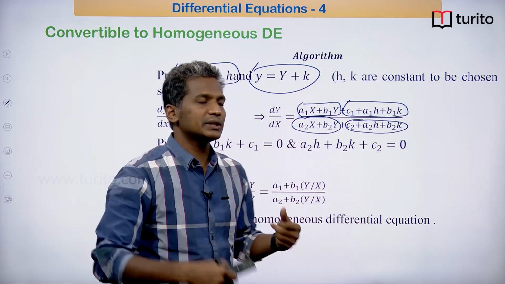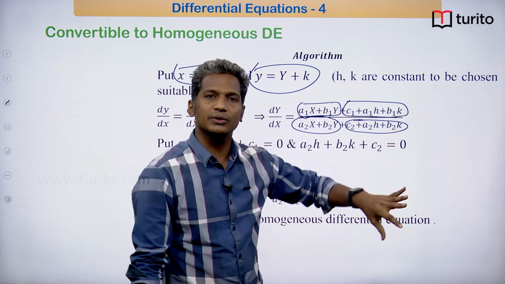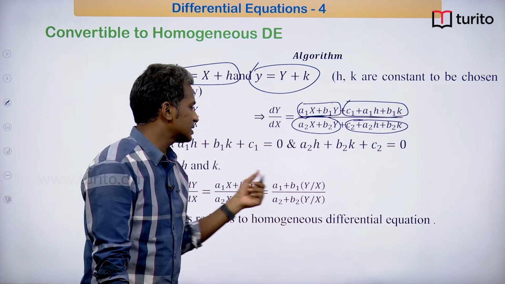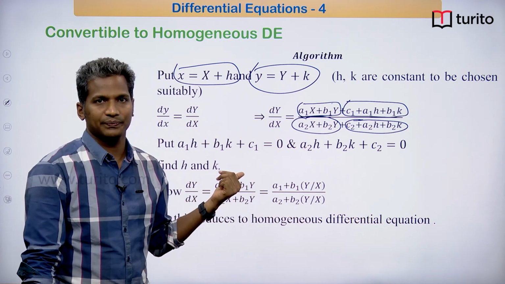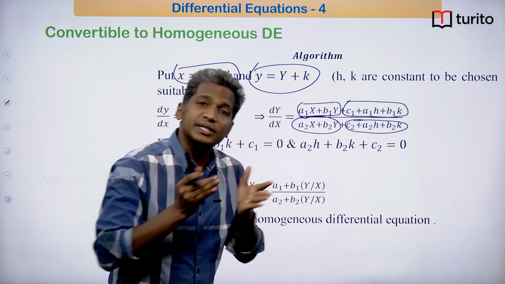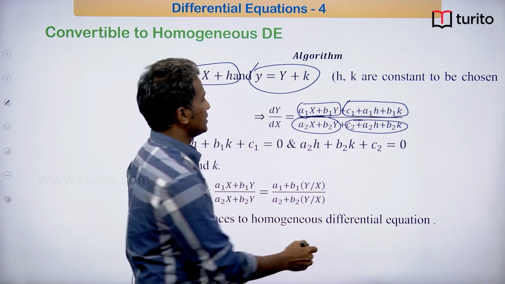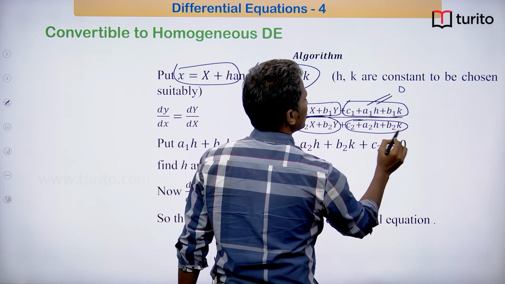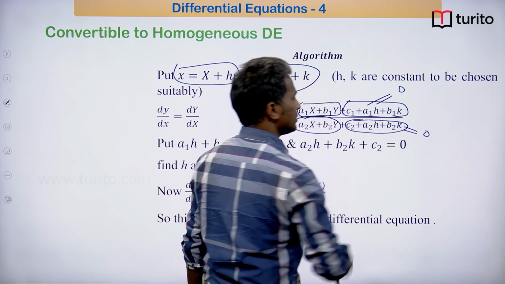So, what I will do is, I will put these two equal to 0 and I will solve those two equations to get the values of h and k. So, that means I am forcing the terms to be 0. Okay. So, I am actually forcing this to be 0 and I am also forcing this to be 0.